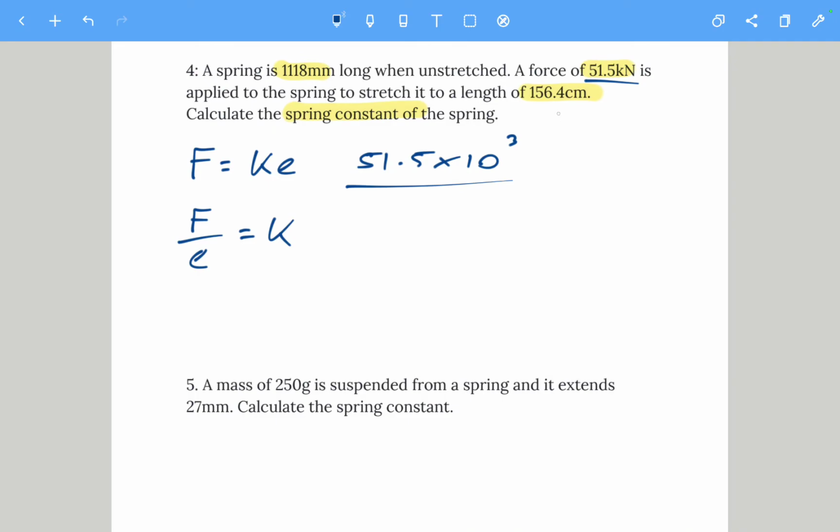So we need to do 156.4 centimeters minus 1,118 millimeters. So 156.4 centimeters we need to divide by 100 to get into meters. So that's 1.564. Subtract 1,118 millimeters.